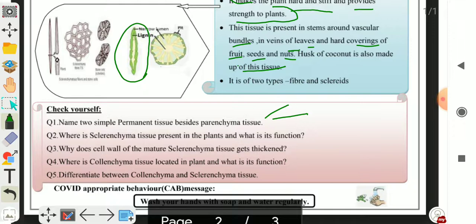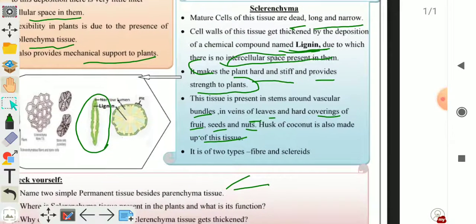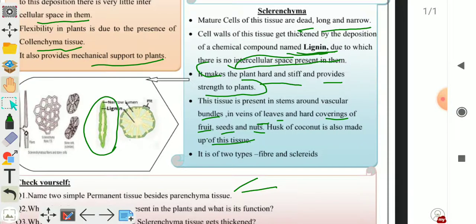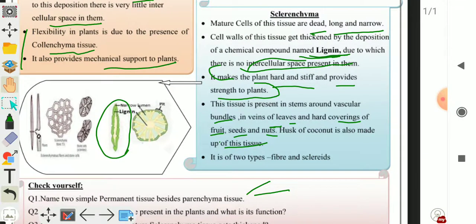Question number 2. Where is sclerenchyma tissue present in the plant and what is its function? Sclerenchyma tissue is present in stem around the vascular bundle, in veins of leaves and hard covering of fruits, seeds and nuts.